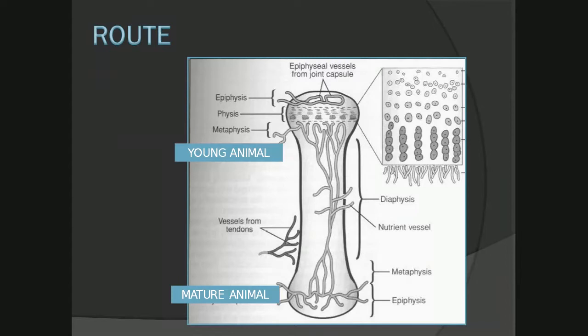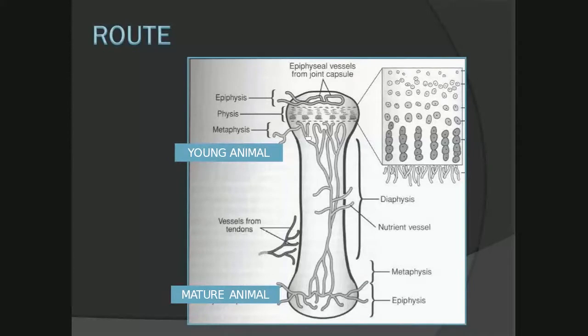This slide we covered when we looked at fracture radiology, and I'm just going to emphasize the difference between immature and mature bone blood supply again. In the young or immature animal, where the physis is still open, consisting of cartilage, the metaphysis has its own blood supply, and the blood in this area is very sluggish with slow flow.